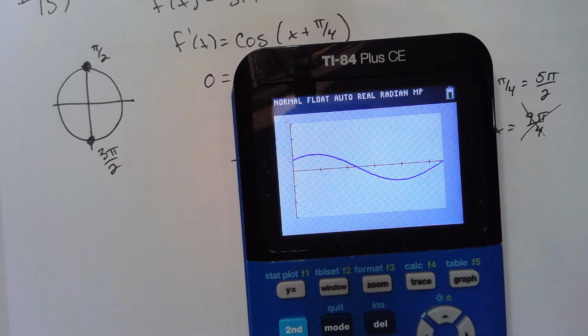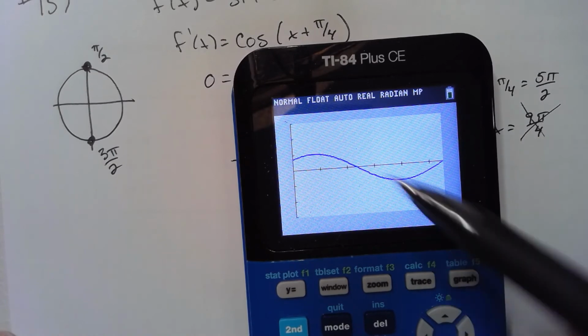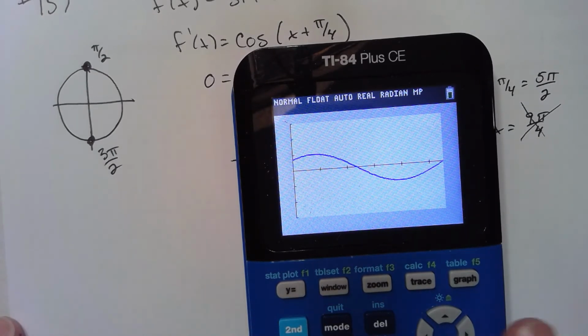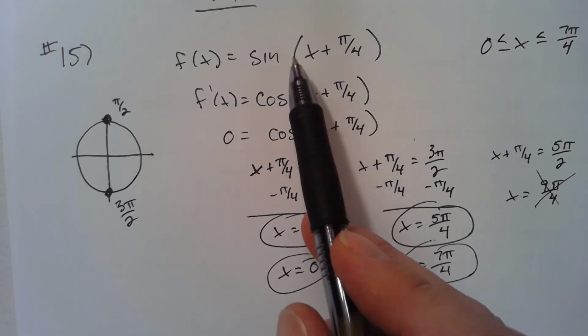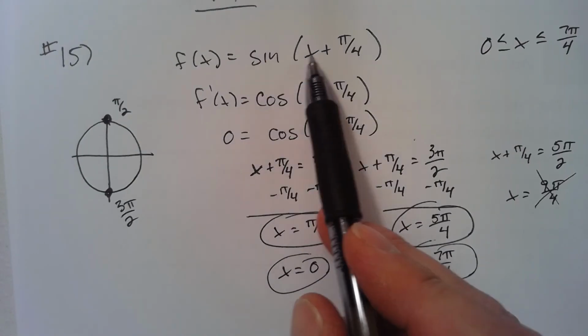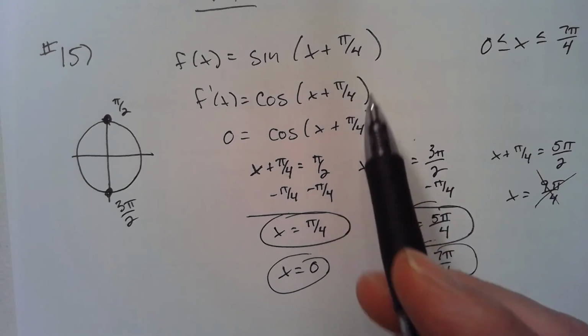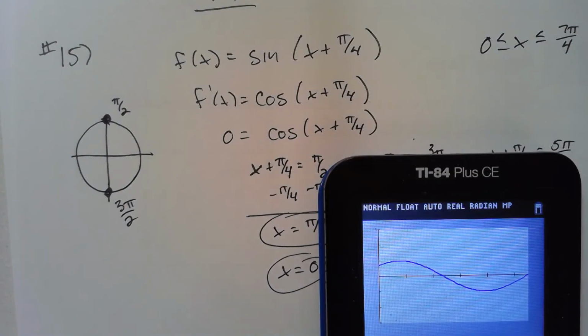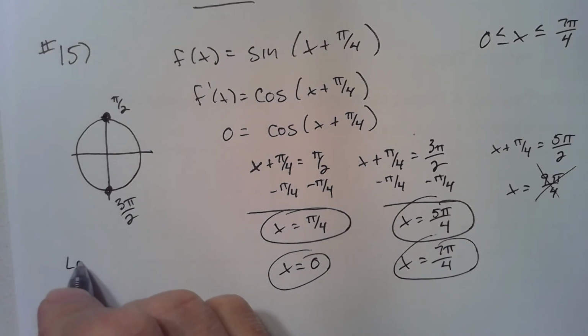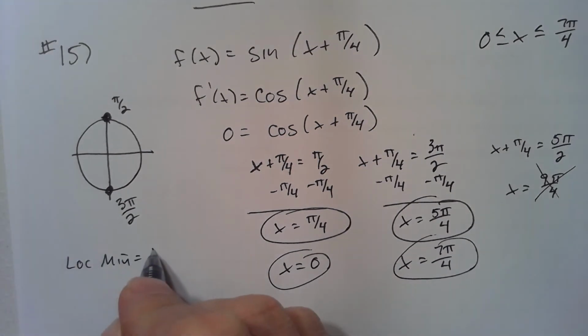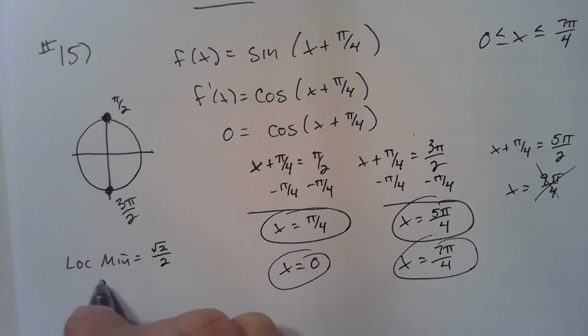Okay, so starting at 0, I've got a local min. If I plug 0 into our original, we have the sine of pi over 4, which is square root of 2 over 2. So we have a local min equal to square root of 2 over 2 at x equals 0.